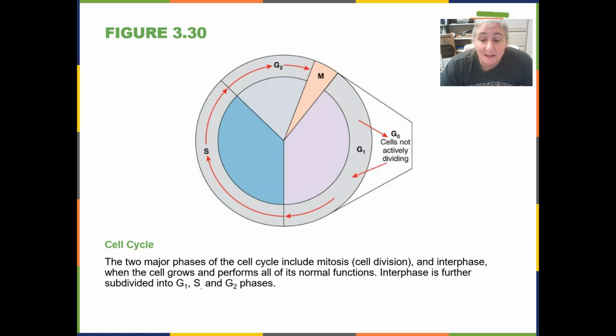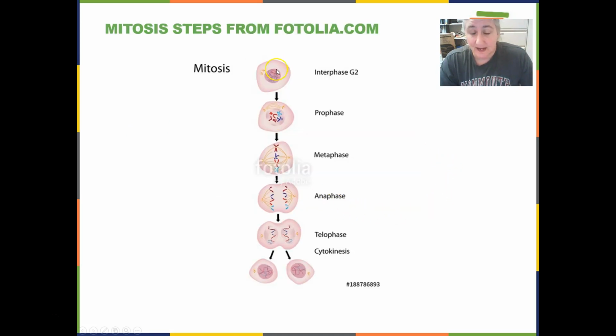G2 phase is where we produce proteins for mitosis, but we're also going to prepare the cell for division by increasing the size of the cell some more and making sure that all of the organelles have doubled in numbers. And then we enter that mitotic phase.